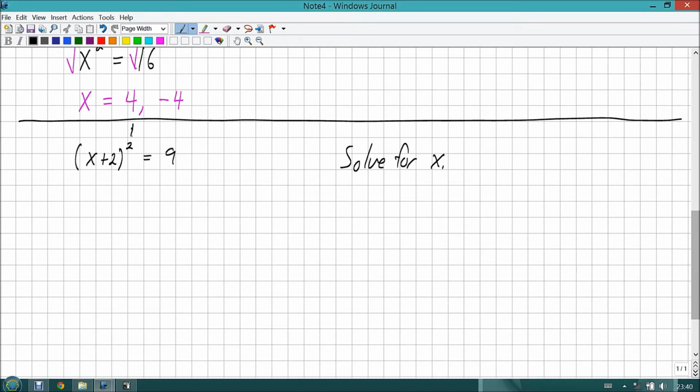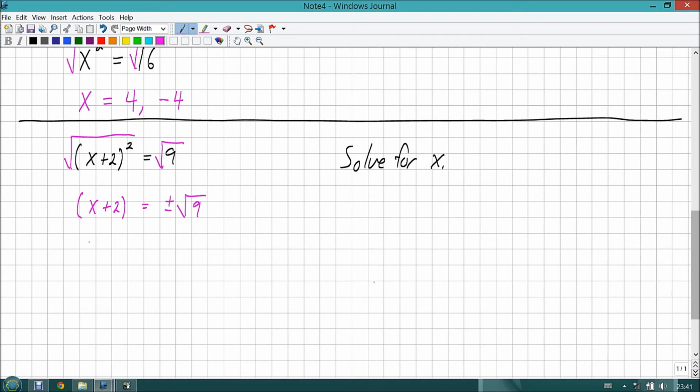We need to get rid of the exponents first. So to get rid of the exponents, I would take the square root of both sides. So I have x plus 2 is equal to the square root of 9. But because I know that the square root of 9 could be positive or negative, I would have to say plus or minus the square root of 9.